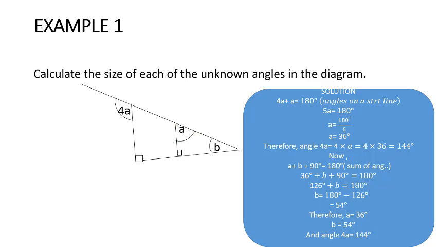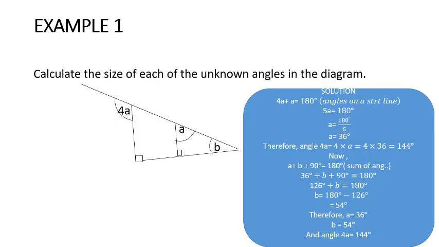But our work is to calculate the size of each of the unknown angles in the diagram. That is angle 4A, angle A, and angle B. Now let us start with angle 4A. How can we calculate this angle? Let us apply the property which says angles on a straight line add up to 180.